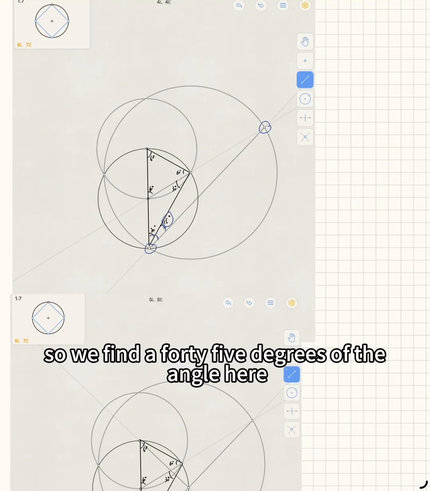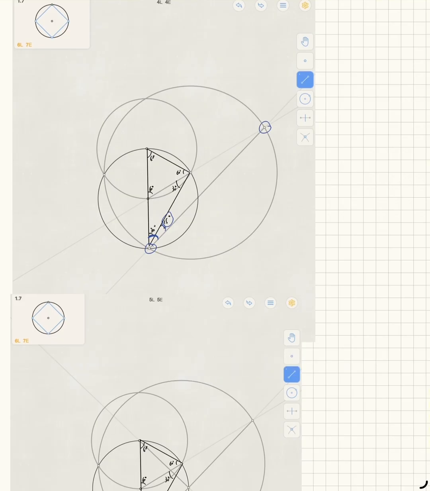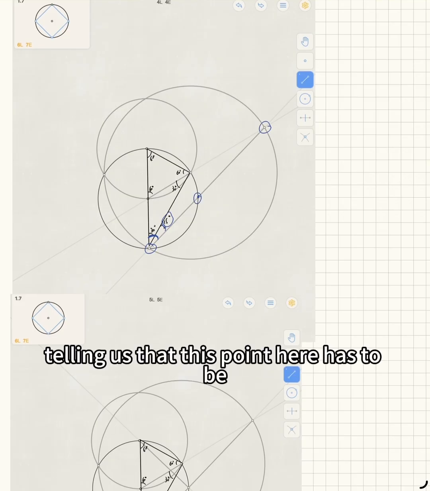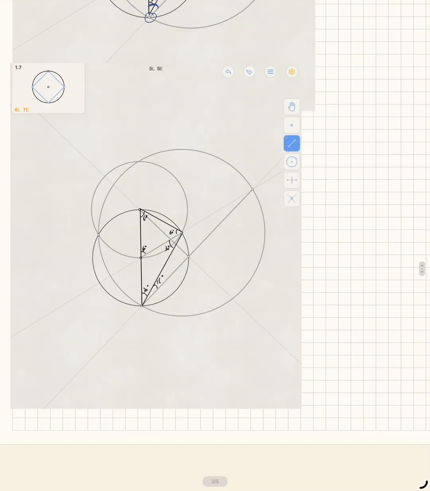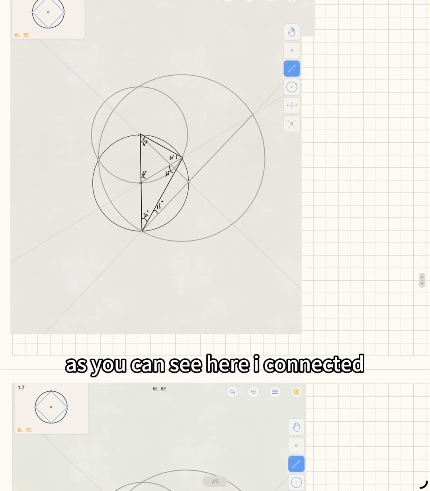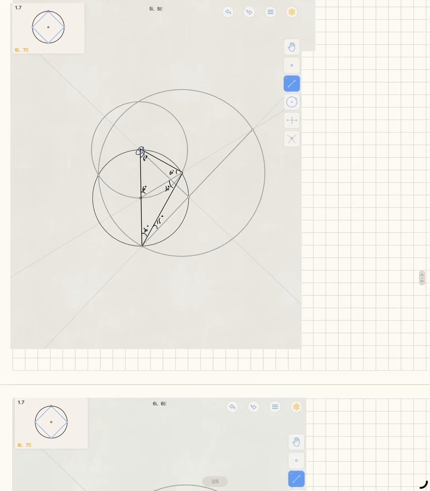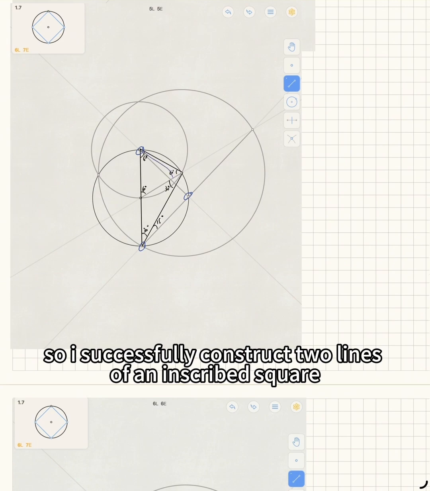So we find the 45 degrees angle here, which is obviously telling us that this point here has to be one vertex of the inscribed square. As you can see here, I connected these two points, so I successfully construct two lines of an inscribed square.